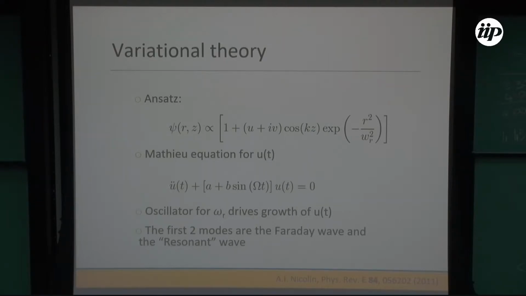To make the long story short, we find a bit more, like 3 or even 4 modes from the theory, but in the lab we were only able to identify these 2 modes, which are called the Faraday wave and the resonant wave. I will explain a little bit more along the way what we mean by them.